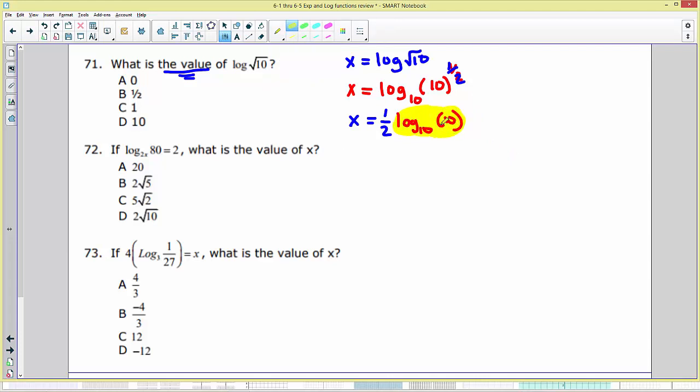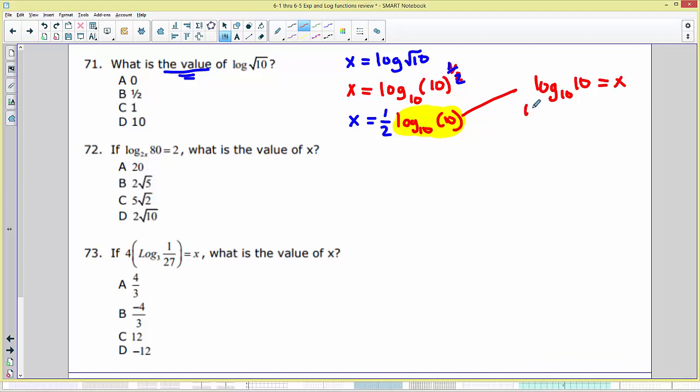If you were to evaluate this, if we were to convert this to log form, and I can do that with the 1/2, but I really don't need to because this is so famous here, right? It's just log base 10 of 10 equals x.